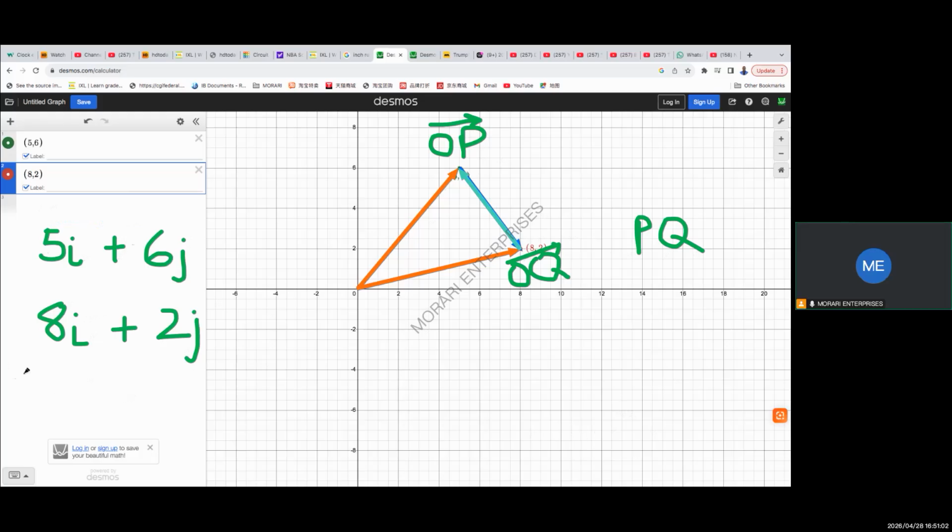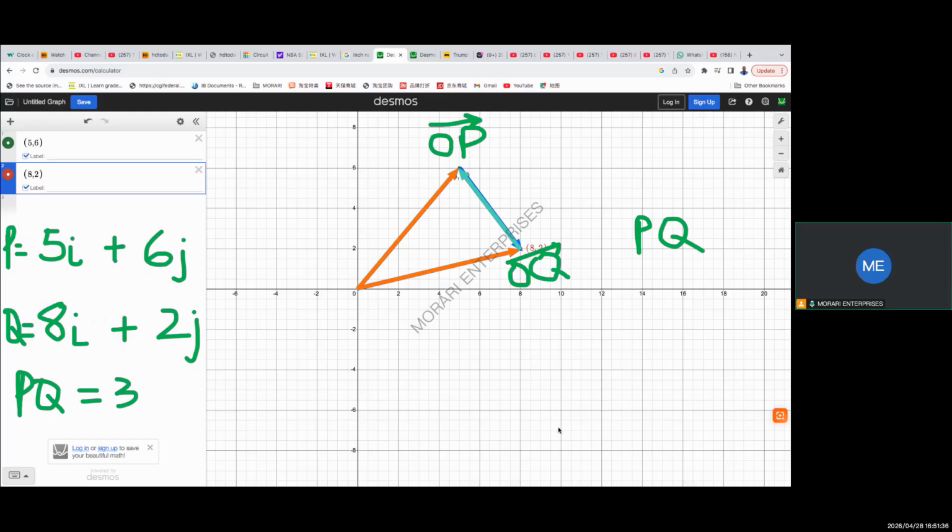Okay, then let's see what we get here. Give me PQ first. From these values, what is PQ? This is Q, this is OQ, and this is P. Aquila, calculate, what is PQ? 3i minus 4j, correct?